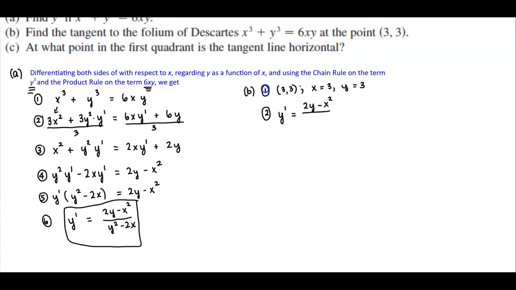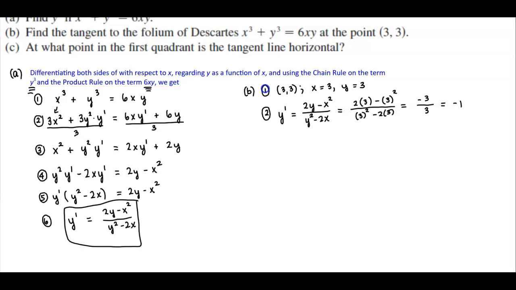So we have 2 times 3 minus 3 squared, all over 3 squared minus 2 times 3. In the numerator we get 6 minus 9, which is negative 3. In the denominator we get 9 minus 6, which is positive 3. So therefore we get a slope of negative 1.